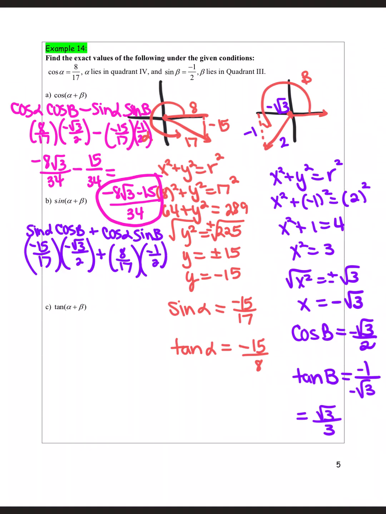So we have negative times a negative is a positive 15 square root of 3 divided by 34 minus 8 times negative 1 is going to give me that negative sign, which is 8 over 17 times 2 is 34. So I can rewrite this as 15 square root of 3 minus 8 divided by 34.